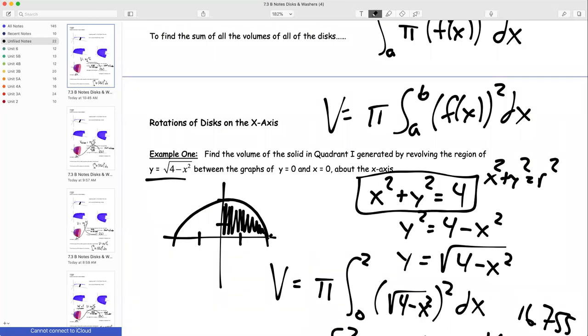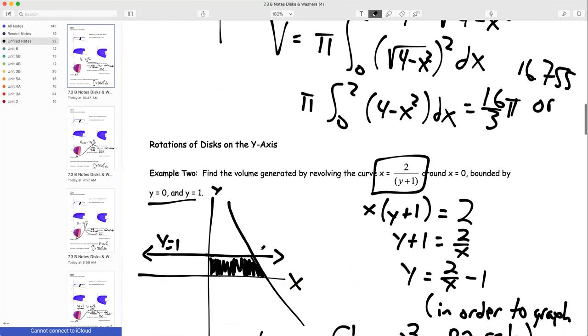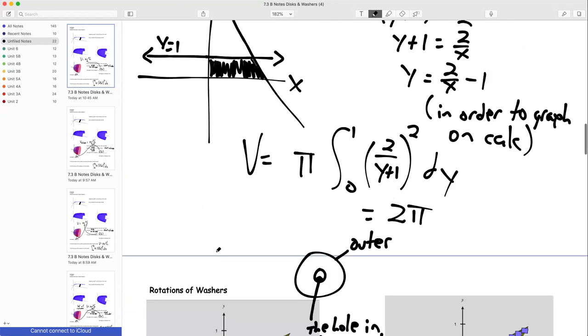If that is the case, it is a disk because there's no place for the hole. Same thing on the next one. I integrate with respect to y, and it goes from 0 to 1. And this entire shaded region is flush up against the axis of rotation from 0 to 1. It's touching everything on the axis of rotation from 0 to 1. Therefore, it is a disk.